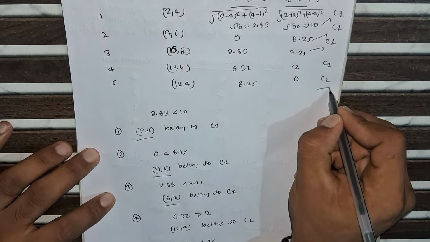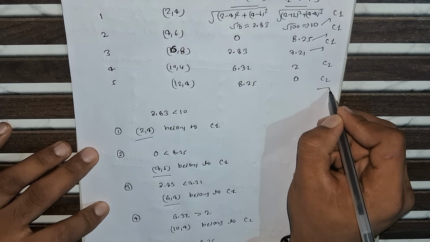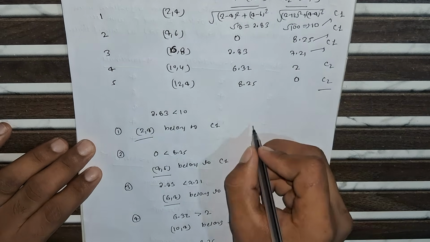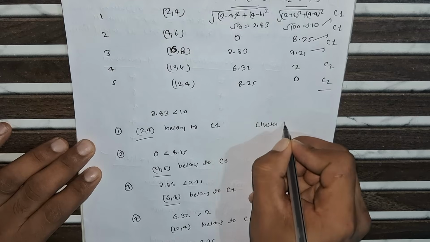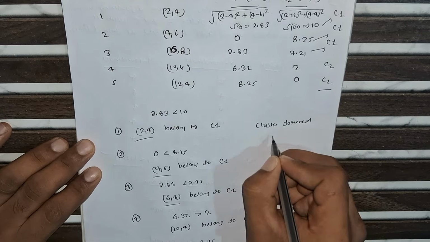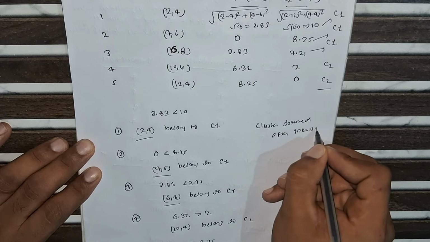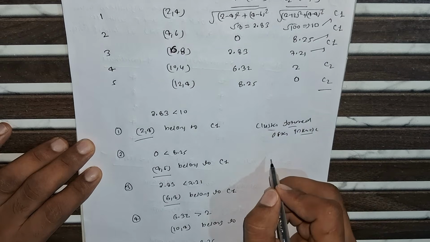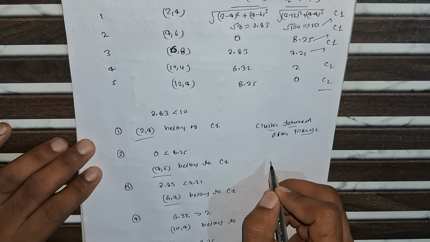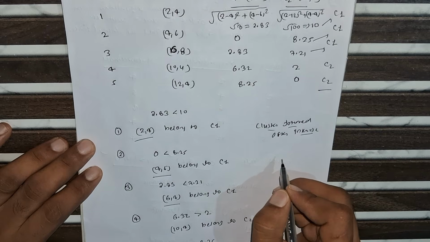So these are the clusters we assign here with the help of this comparison of distances. Now the clusters formed after iteration 1. Cluster C1 is formed after iteration 1.